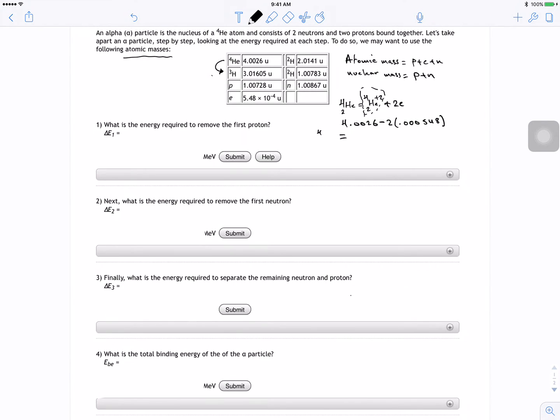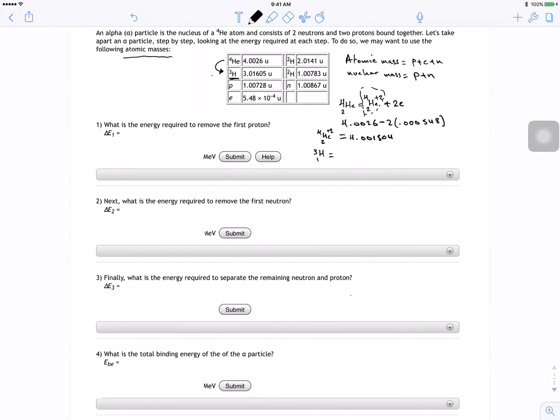So He 4, 2 plus, equals 4.001504. Now we need to find this one in here, and we do the same thing.